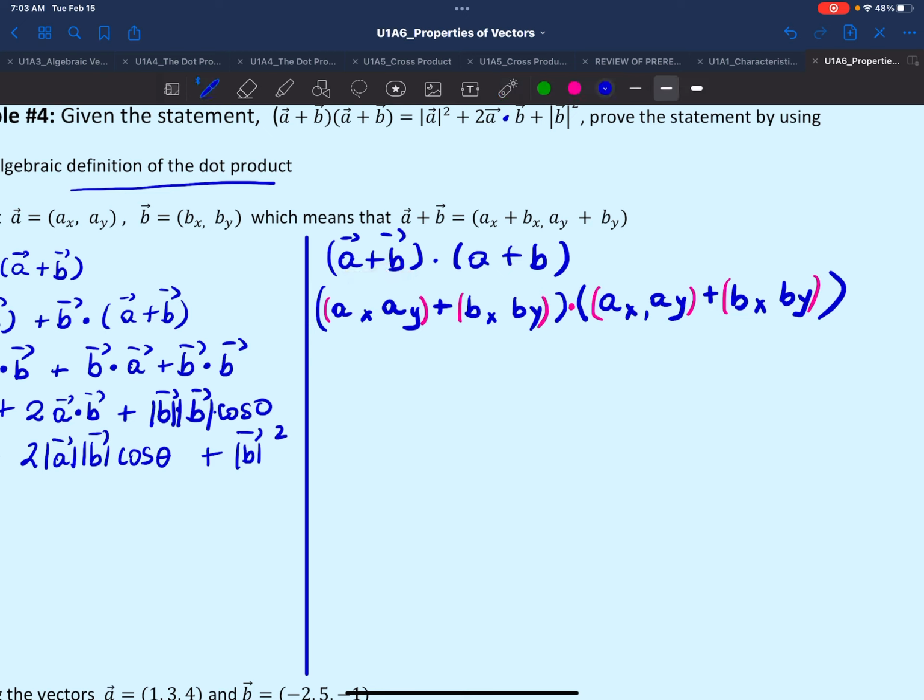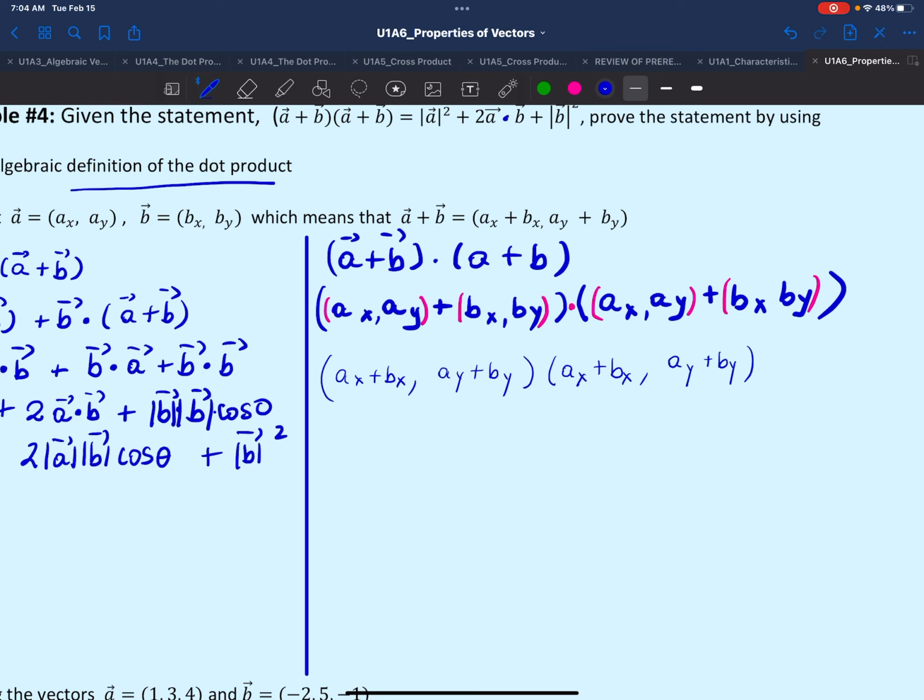So we'll say that AX, AY plus BX, BY would equal AX plus BX, and then AY plus BY. So these are the coordinates of vector A plus B, which multiplies itself AX plus BX, AY plus BY.